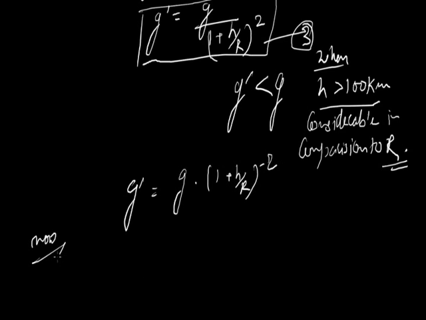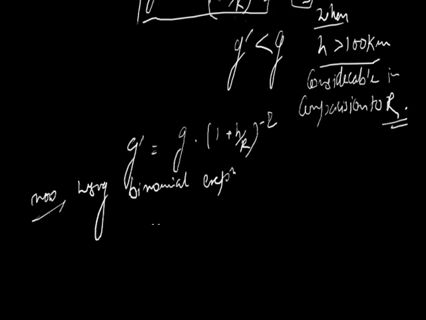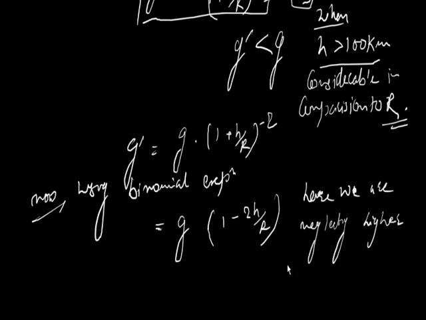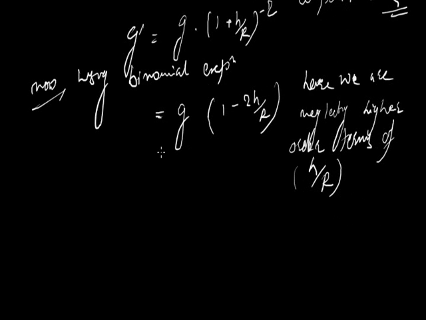Now using the binomial expansion, we have g dash equals g into 1 minus 2h upon R. Here I am neglecting higher order terms of h upon R. So this will give you the value of g dash at height h.